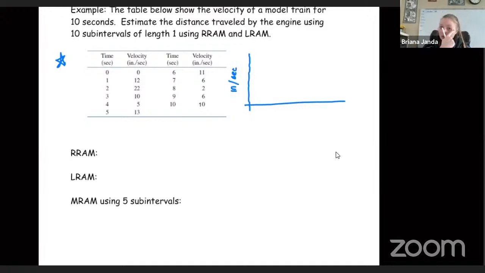I scanned through those values. It looks like we get up to about 22. So if I go maybe 5, 10, 15, 20, 25 here. And then we go to 10. So 1, 2, 3, 4, 5, 6, 7, 8, 9, 10.